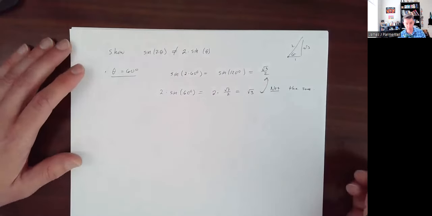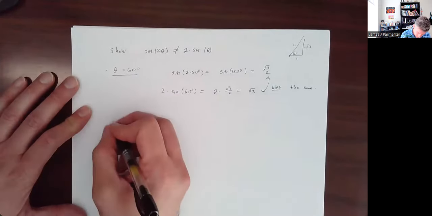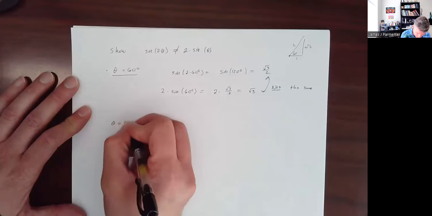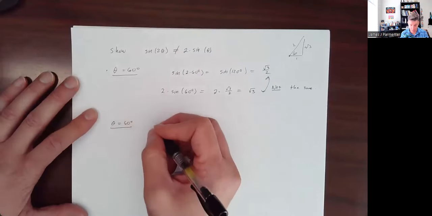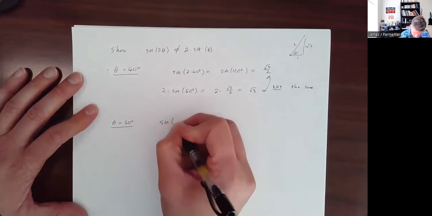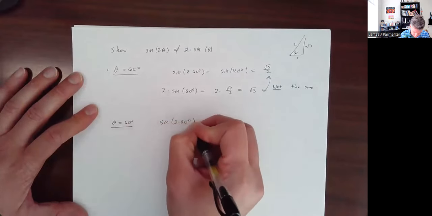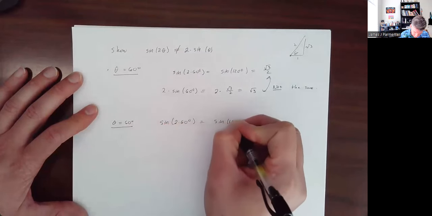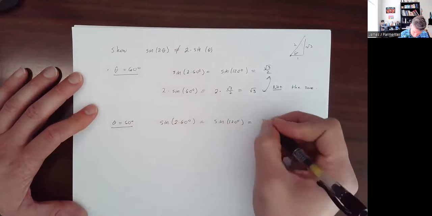On the other hand, it would be true for the same angle that sine of 2 theta is equal to 2 sine theta times cosine theta. So once again, sine of 2 times 60 degrees is, of course, sine of 120 degrees, which is equal to root 3 over 2.